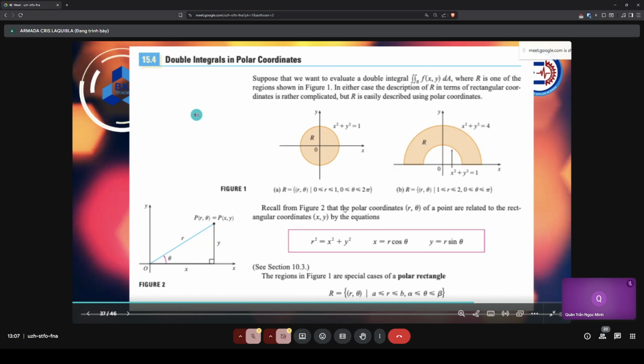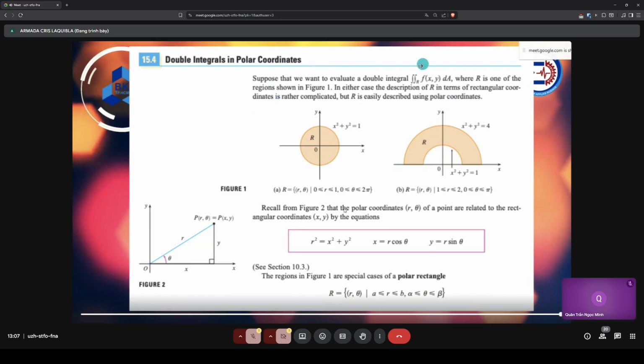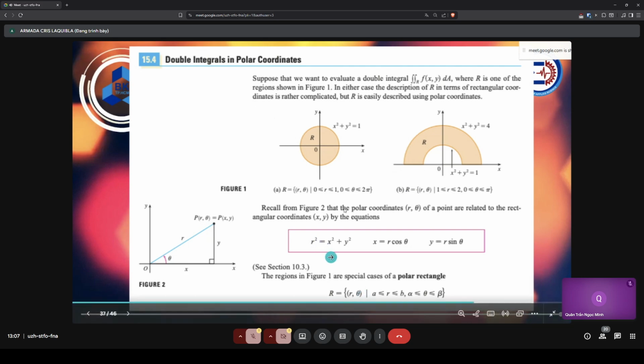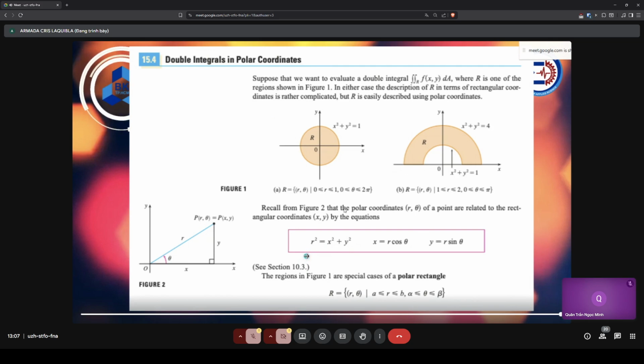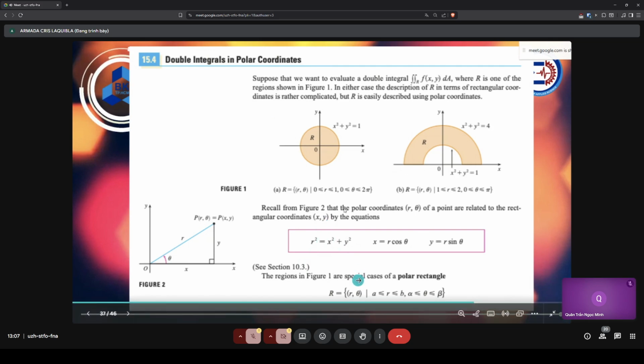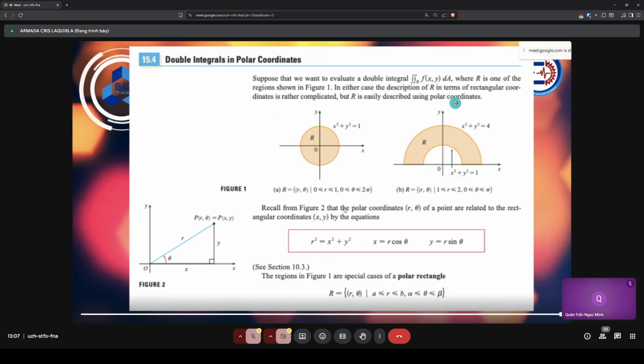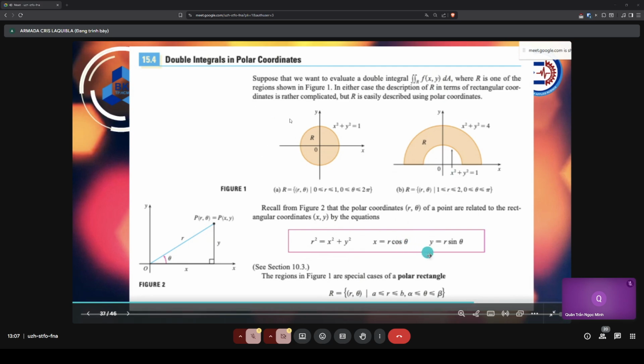In your formula, if you have f(x, y) and you can find something like x squared plus y squared, you have to replace that with r squared, because to solve the double integral we change the variables from x and y to r and theta. So your x, you replace with r cosine theta.